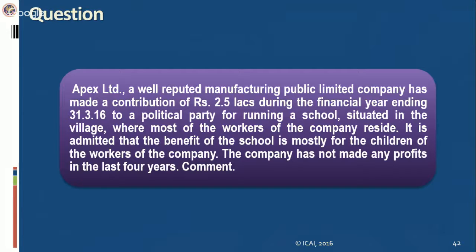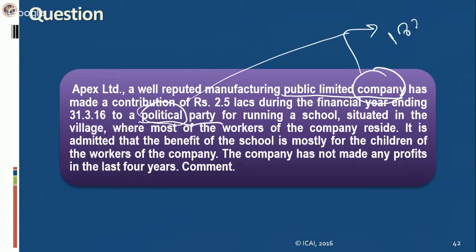Here, as you can see, a political contribution has been made by a public limited company. Here, the company is involved and a political contribution is involved, which is based on section 182 of the Companies Act 2013. You need to remember the provisions where a particular term is attracted.